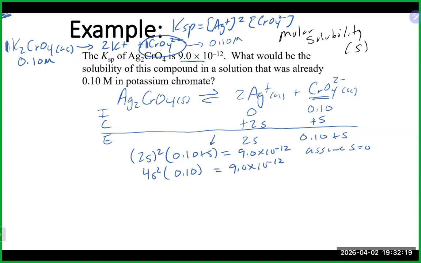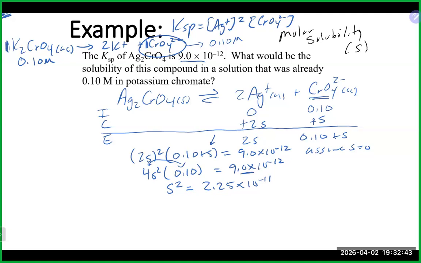However you want to do it. Take 4 times 0.1 gets you 0.4, and take 9 to the minus 12 divided by that. And that's going to give us s squared is equal to 2.25 times 10 to the minus 11. So again, I multiplied these two numbers together and then divided it over here.